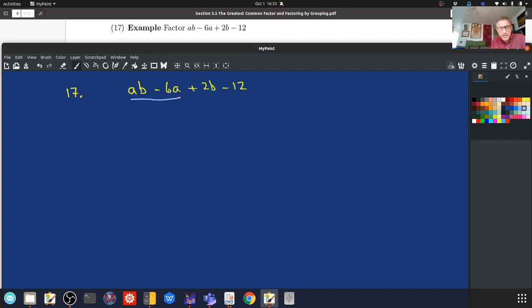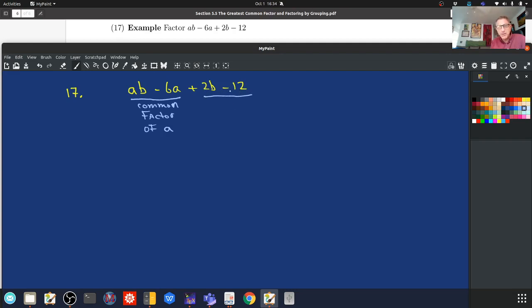In the ab and the 6a group, we have a common factor of a. And the nice thing about these is they always write them down for you already grouped. It's either the first two and then the second two, or there's none at all.